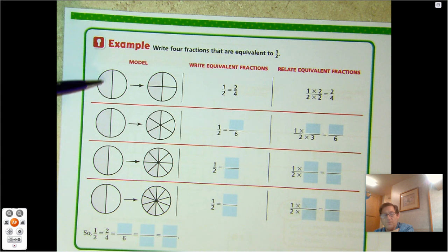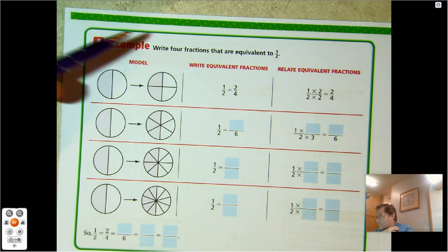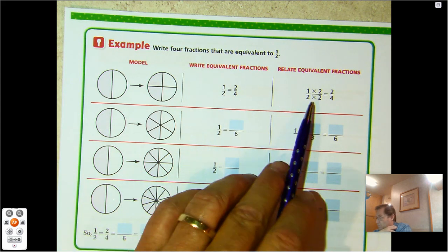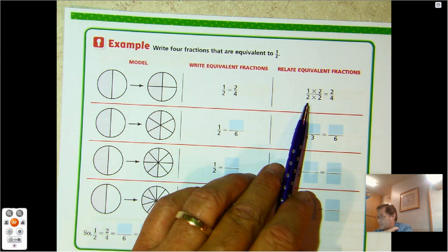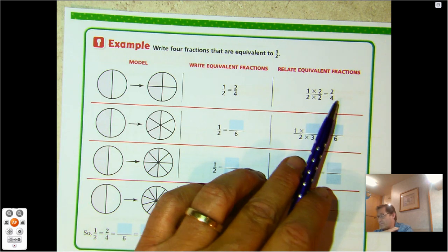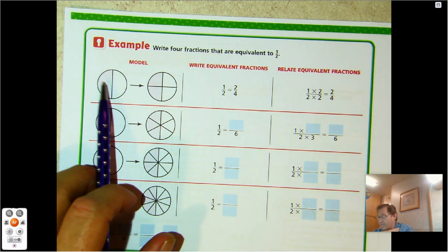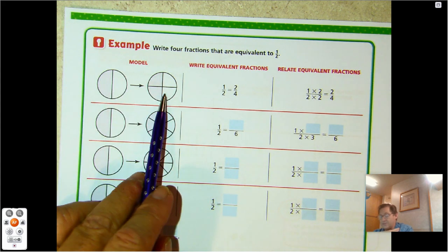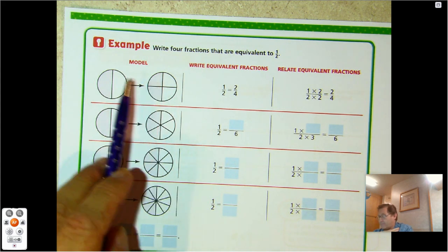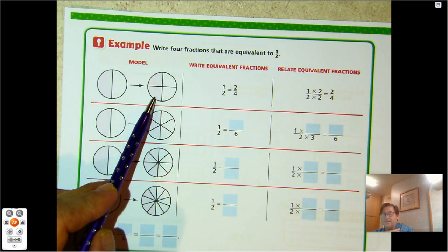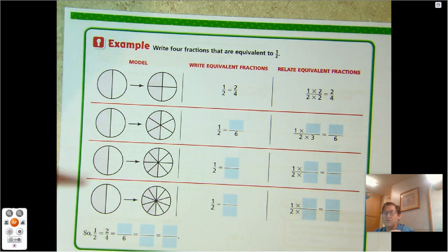This one only takes 1 piece to equal half of the circle. So 1/2 equals 2/4, which is the same as saying 1/2 times 2 over 2 equals 2/4. So if you multiply the circle with 2 parts by 2, it turns it into 4 parts. If we multiply the shaded part by 2, we now have 2 parts that are shaded. Okay, so that's why we're multiplying by 2 over 2.